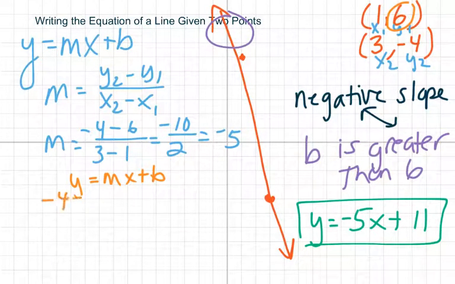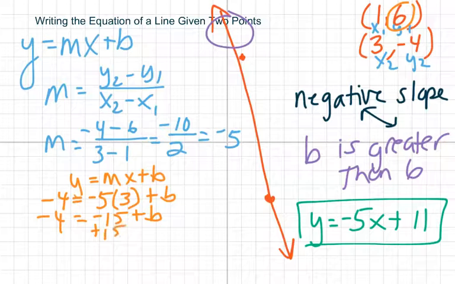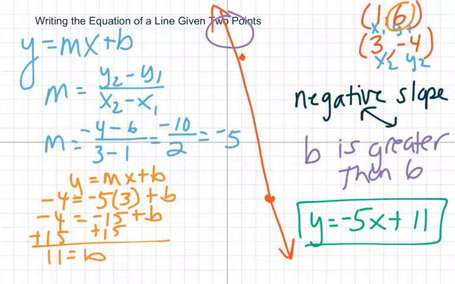So -4 is equal to -5 times 3 plus b. -5 times 3 is -15, and we'll add 15 to both sides. -4 plus 15 is 11, and of course that confirms what we already knew. Just notice that the arithmetic was a little bit messier on this one. We had bigger numbers, and we also had more negatives to deal with in there, and we like to avoid that if we can.